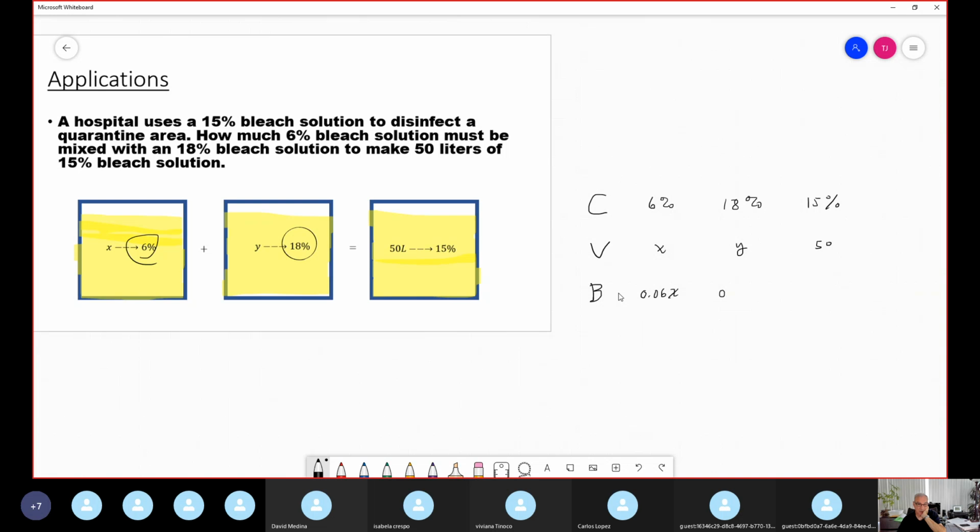Likewise, this is 0.18y, and this is multiplication. 50 times 0.15 in the calculator is 7.5 liters. Okay, in this container, we have 50 liters. We need only 7.5 liters, but of bleach.